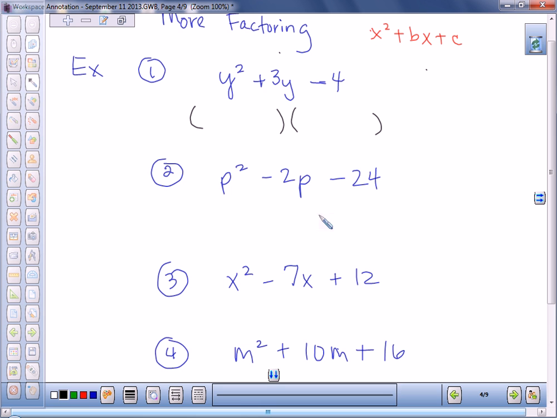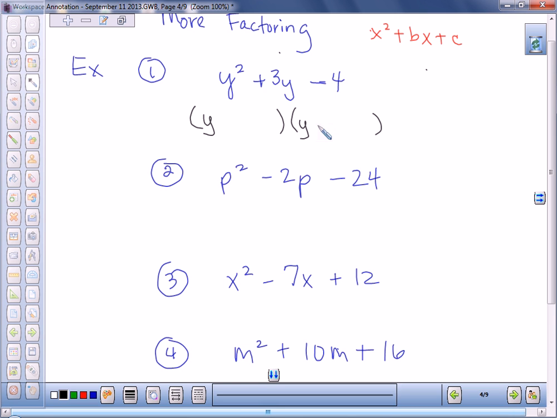So when we multiply two binomials, some of us think of it as foiling. To get y squared, wouldn't we do y times y? Yep. Okay, so we already have a nice start. We know what the first term in each of the binomials has to be. And then we just have to play around.